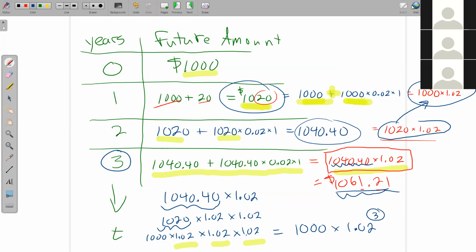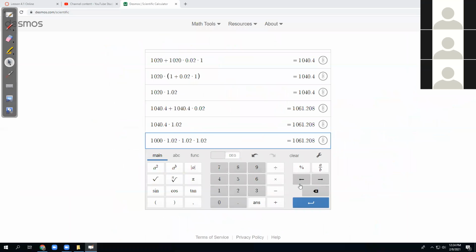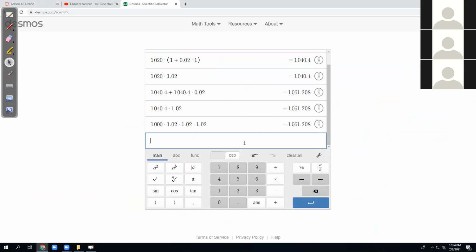So let's just double check that on a calculator, make sure that it indeed works. I broke my calculator. There you go. 1,000 times 1.02 raised to the power 3. Calculator says, oh yeah, 1,061.21 to the nearest cent. So we have developed this nice shortcut.